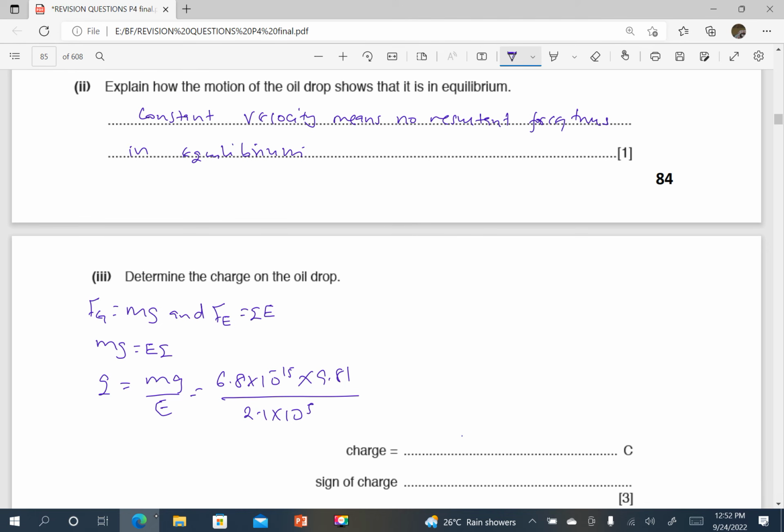So calculating the answer, I get 3.2 times 10 power negative 19 coulombs.